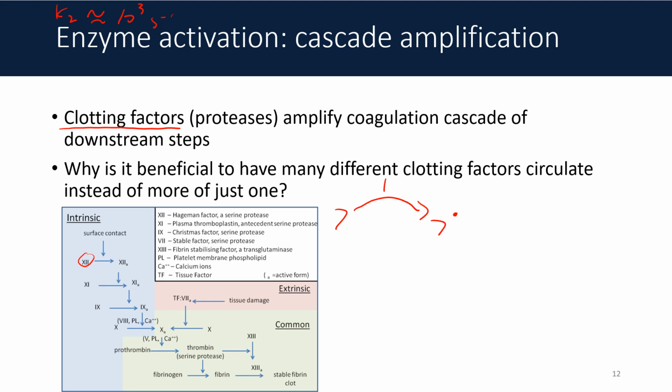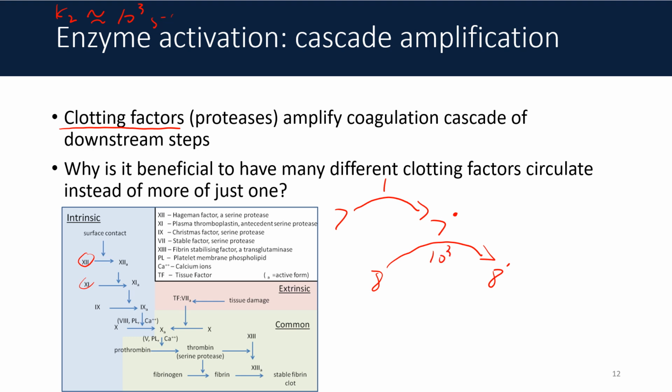And let's also assume that all these clotting factors also have a turnover of 10 to the 3. Having one active clotting factor 7 is going to in turn activate 1,000 clotting factor 8s.